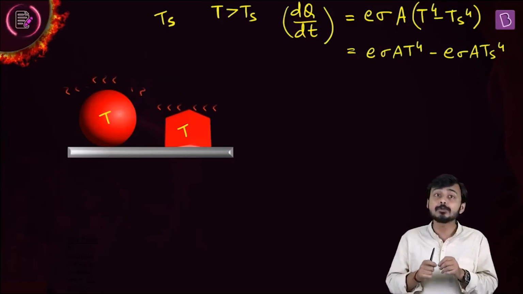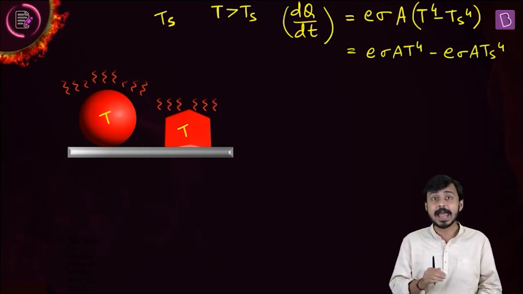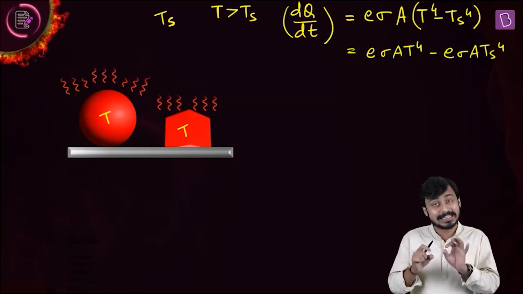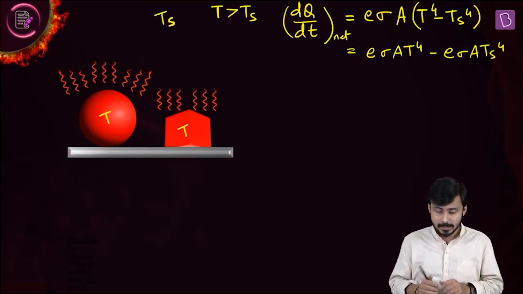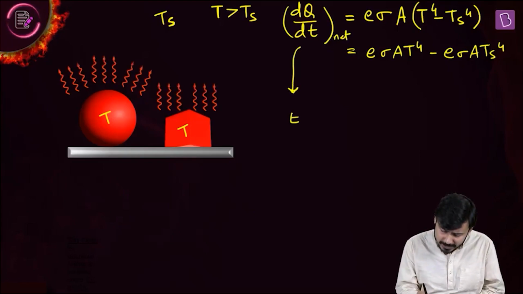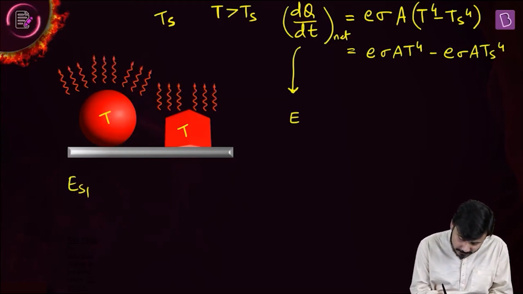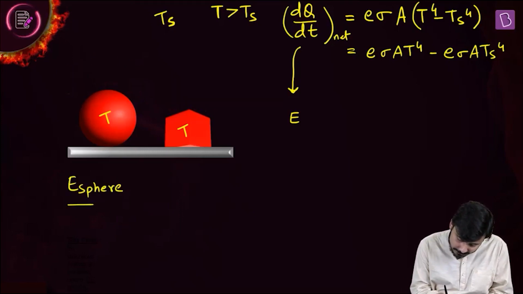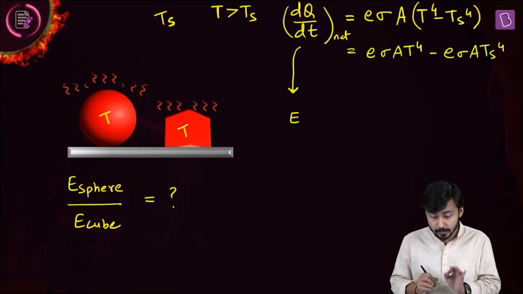And the ratio of dQ/dt for both the bodies is supposed to be calculated. For the sphere and for the cube, you are supposed to calculate the ratio of dQ/dt net. For simplicity, let me denote dQ/dt by E. So basically what you want is E sphere divided by E cube, right?